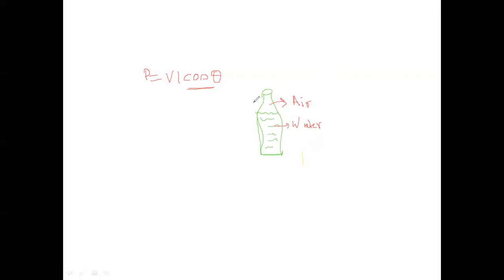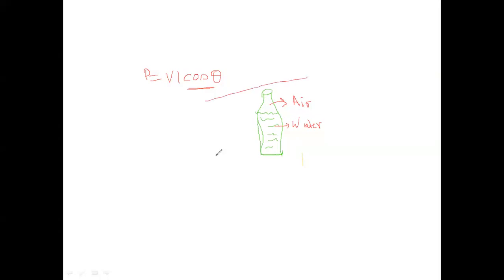If you go to a shop and demand a cold drink, a brand of cold drink, and then you say no, I only need the water side, I don't need any air in this bottle, could you buy this? No, you have to buy the total bottle.